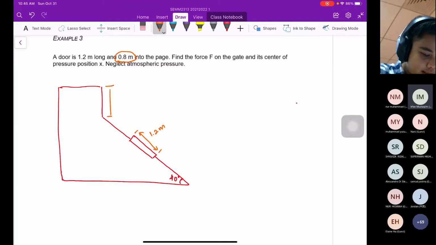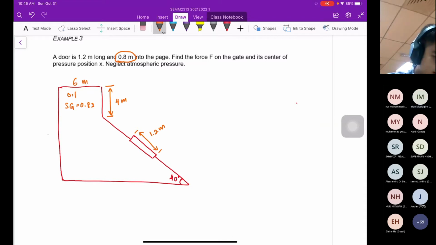From here to here is 4 meter. And then we have oil here. The specific gravity of the oil is 0.82. This dimension is 6 meter, and this is 8 meter. From here to here, basically it is 1 meter.